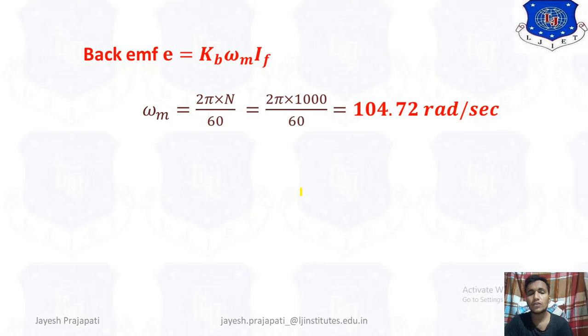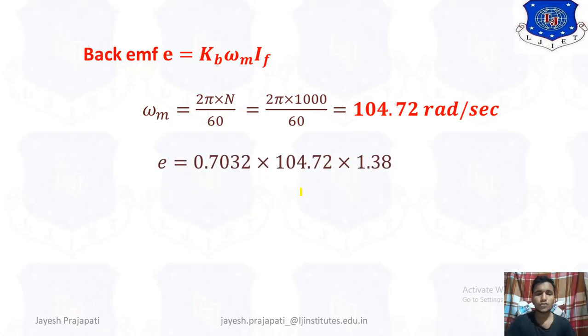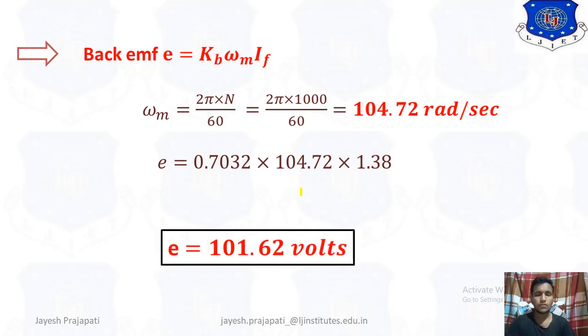So the angular speed omega m is 104.72 radian per second. Now we substitute in the back EMF equation: E is equal to 0.7032 into 104.72 multiplied by 1.38. The solution is E equal to 101.62 volt, the back EMF.